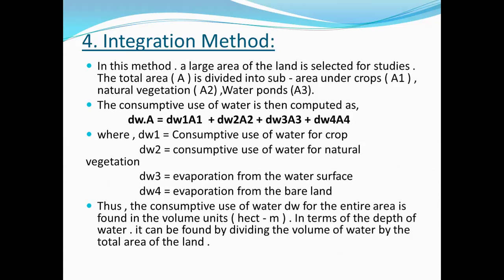In terms of depth of water, it can be found by dividing the volume of water by the total area of land.